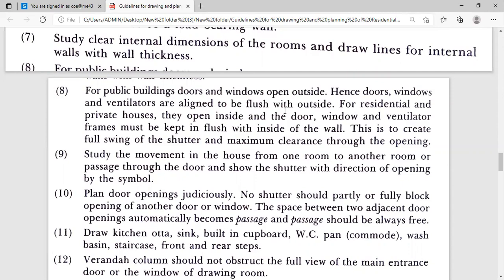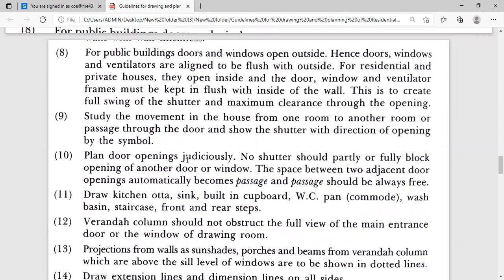Then plan door openings judiciously. No shutter should partly or fully block the opening of another door or window. The space between two adjacent door openings automatically becomes a passage, and the passage should always be free.